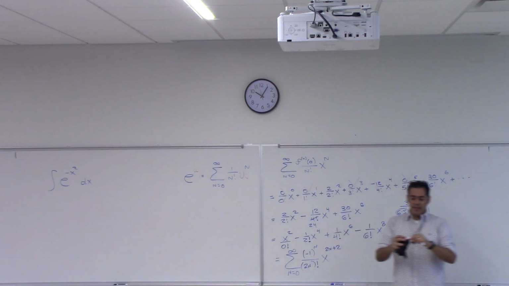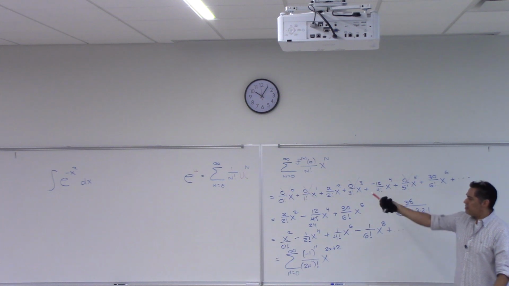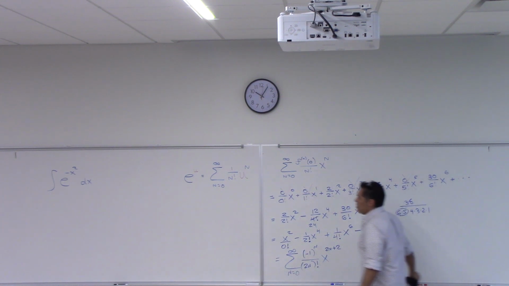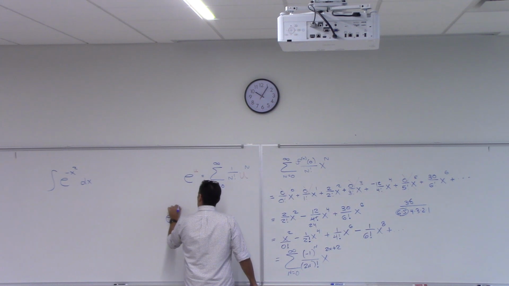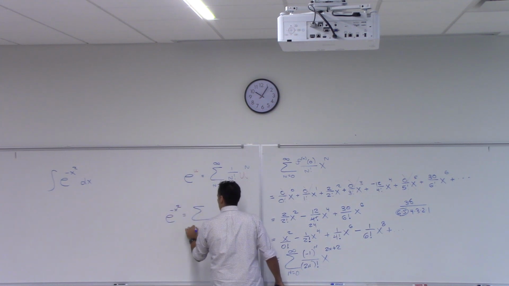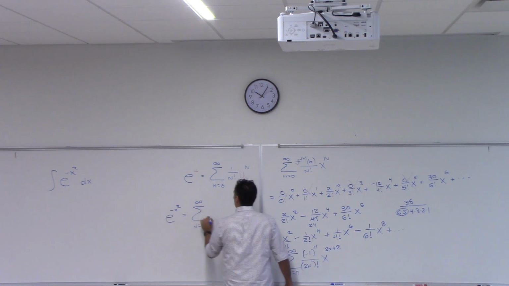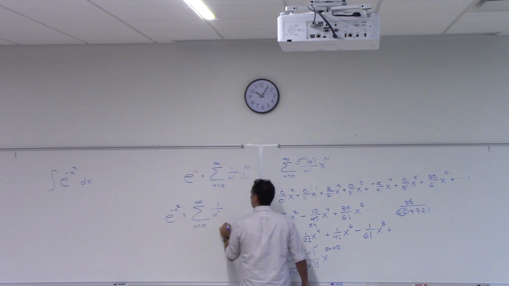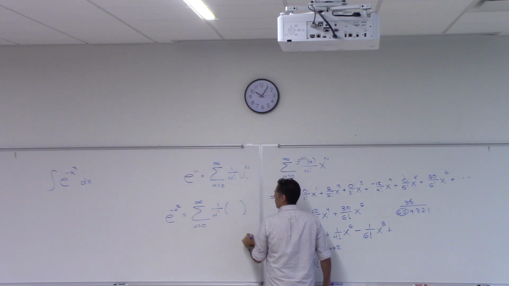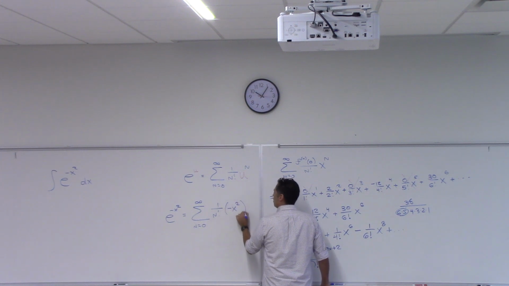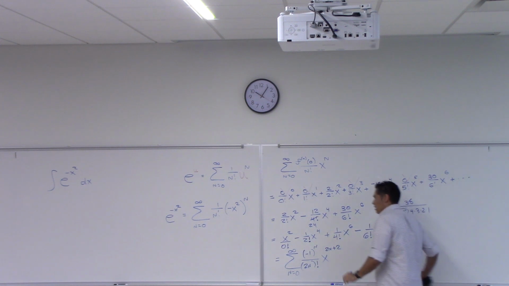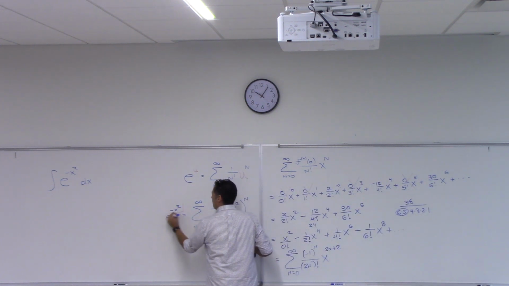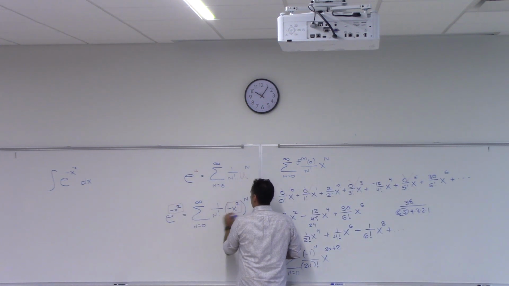So e to anything is going to be that formula, replace that u in there. So what's another way I could write e to the negative x squared? As the sum, n equals 0 to infinity, of 1 over n factorial, then what? Negative x squared to the n. You see, I'm replacing the negative x squared. That's now my u, right?